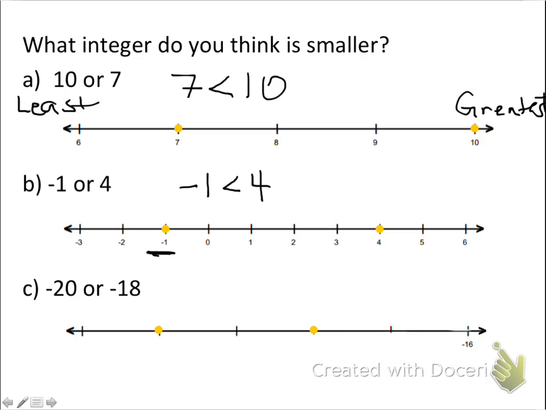Last one here. I have negative 20 or negative 18, and it's plotted down here on my number line. Negative 20 is a bigger number than negative 18. So that means that negative 20 is less than negative 18.